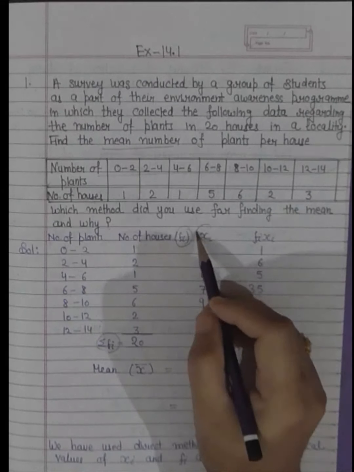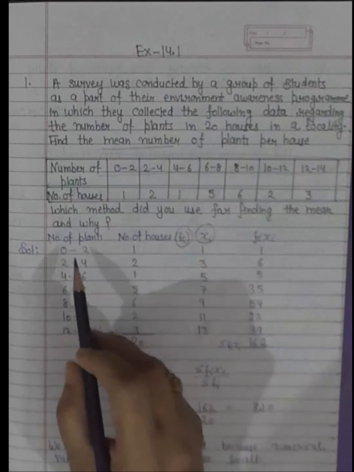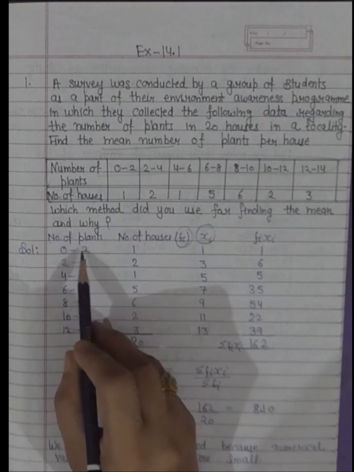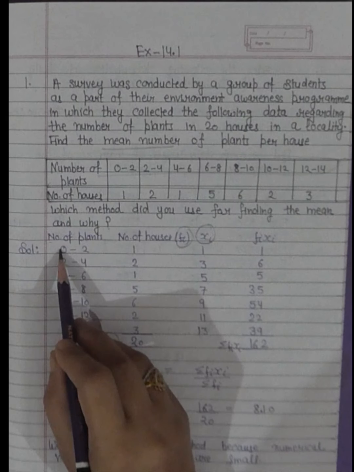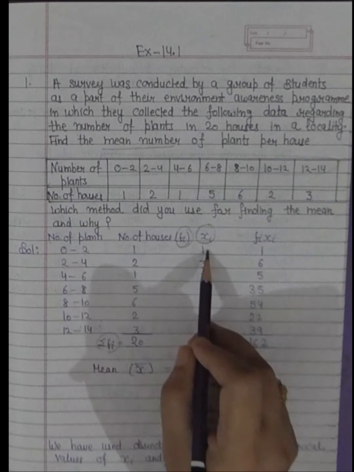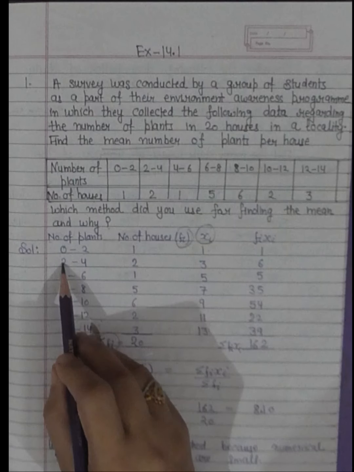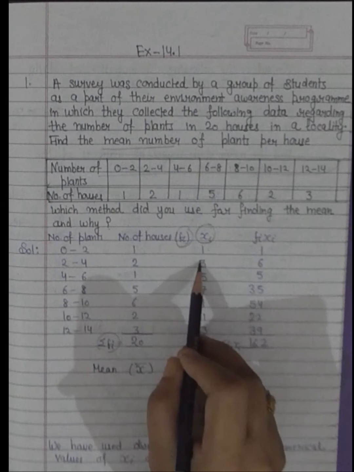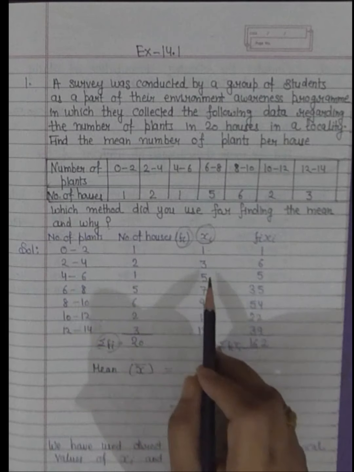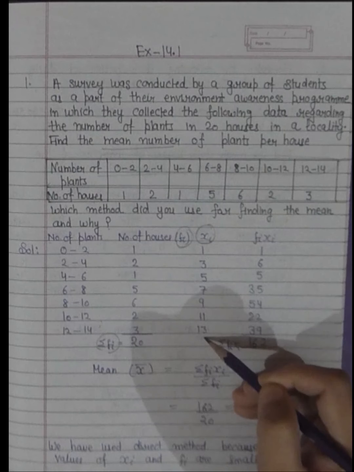Now I will find xi, the class mark, which is the middle of the class. It means upper limit plus lower limit divided by 2. 2 plus 0 by 2 is equal to 1. Same here, 4 plus 2 is 6, divided by 2 is 3. Again 6 plus 4 is 10, divided by 2 is 5. Next 7, 9, 11 and 13.